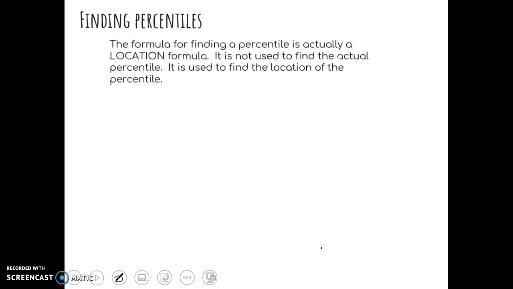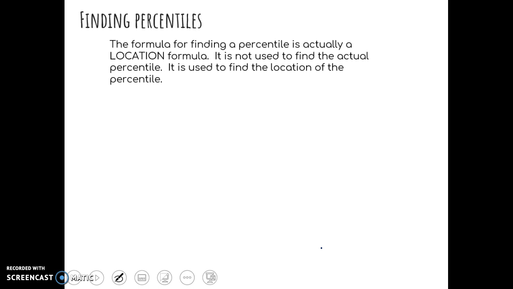All right, now how do we find percentiles? It starts with a basic formula, but there is a process to it that you need to learn, and it varies depending on the type of answer you get. First off, it's important to note that the formula I'm going to give you does not actually find the percentile.